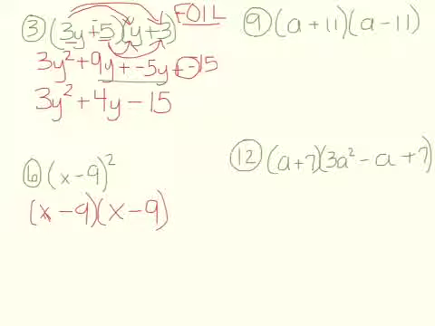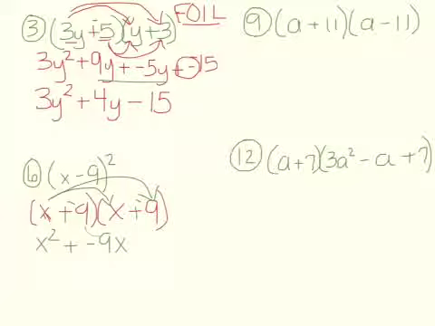Now I'll just do the distributive property just like I did on number 3. So first I'll multiply x times x, and then x times negative 9. I'm going to change my minus signs to plus negative. So x times x is x squared, and x times negative 9 is negative 9x.